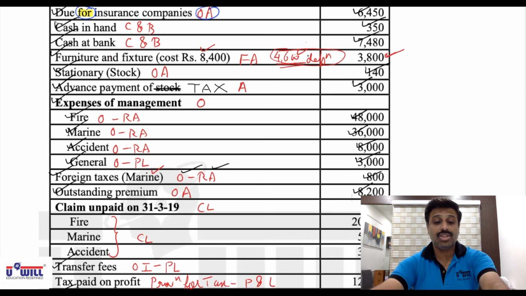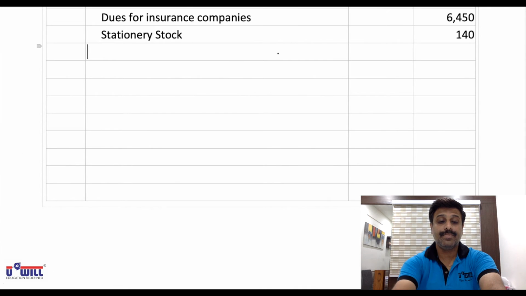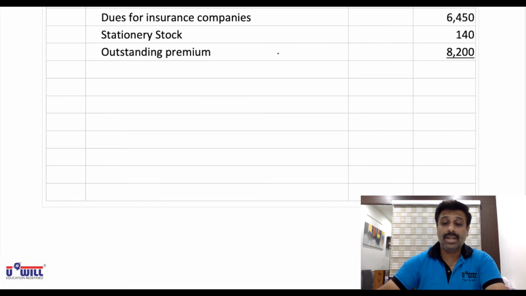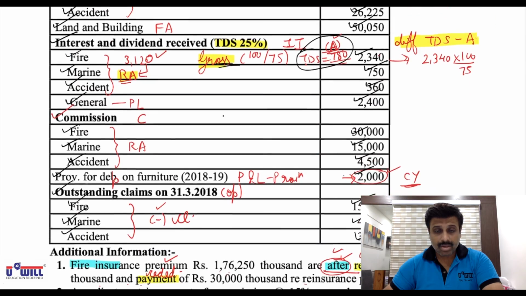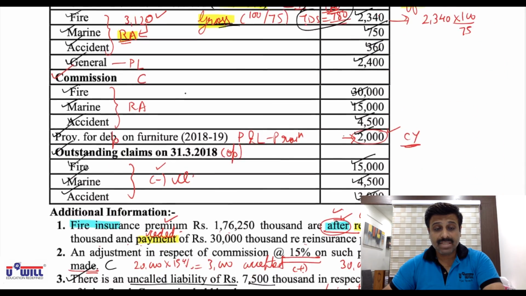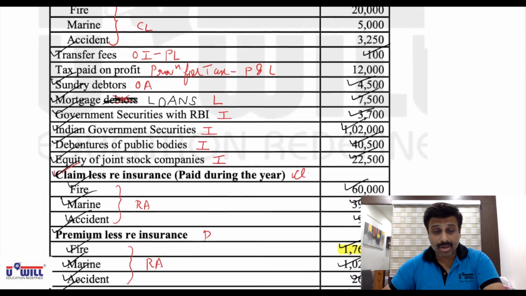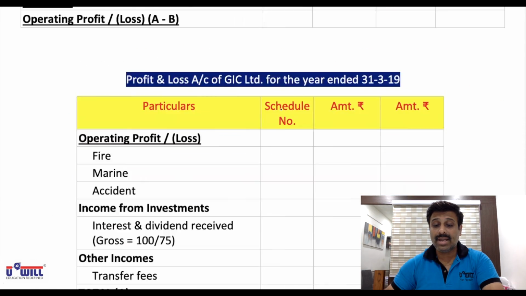Okay, is there any other item marked as OA after outstanding premium? Sundry debtors we have already recorded. No other item is marked as OA. So all items of OA are taken into consideration.